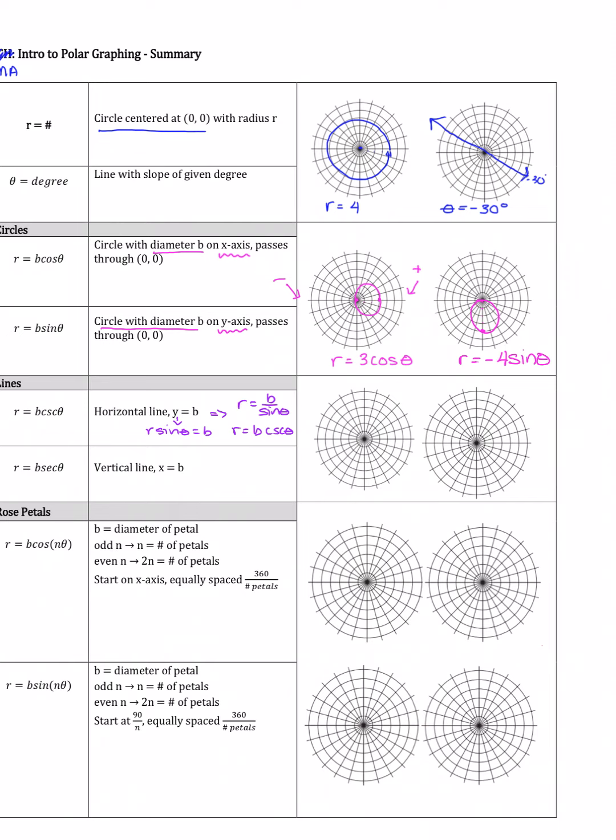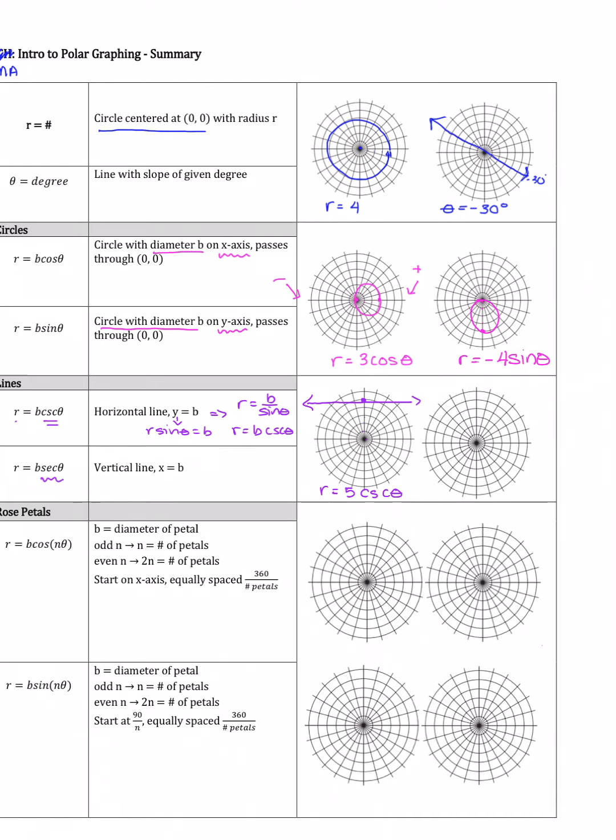So if it's cosecant, which is related to sine, which is related to y, it's going to be the equation y equals whatever that b value is. So if I have r equals, say, 5 cosecant theta, I go up to a radius of 5, 1, 2, 3, 4, 5 on the y, and I draw a horizontal line.